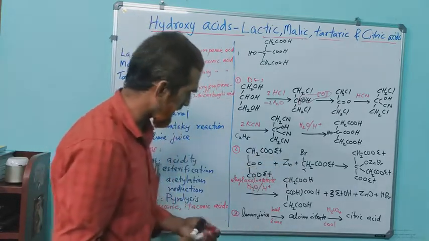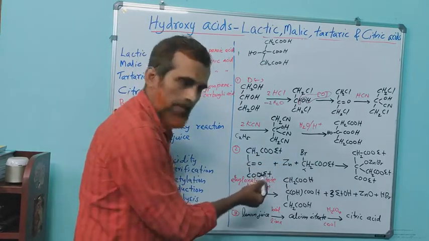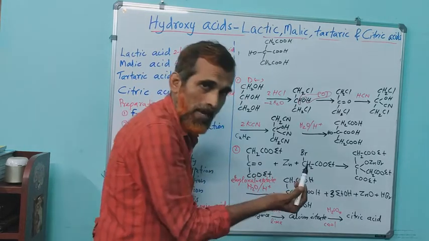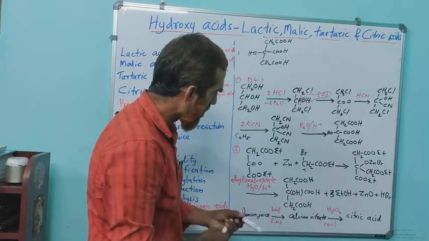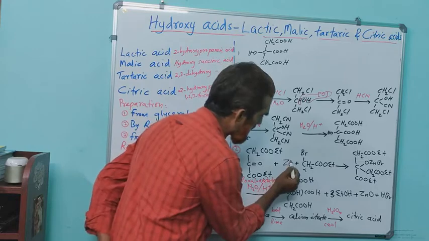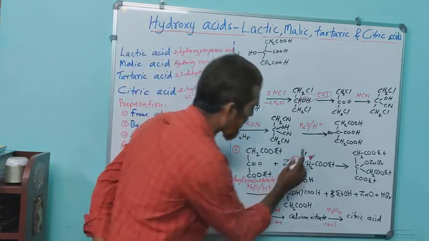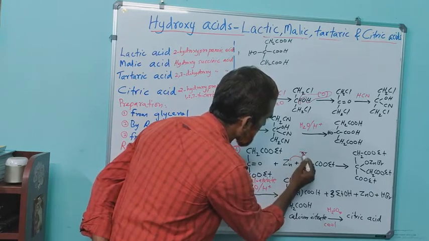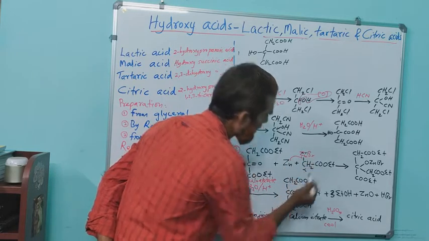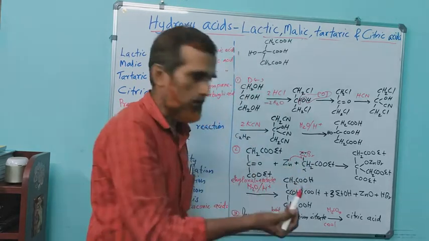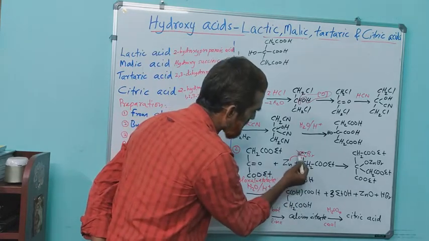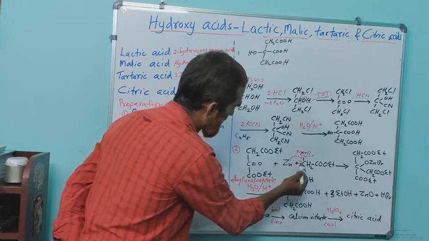So what's the reaction? The reaction is similar to, as I said, Grignard reagent. This zinc will first get incorporated into this, forming an organozinc compound. So it becomes ZnBr. We know this zinc being electropositive, this becomes negative and this becomes positive, and now it attacks.